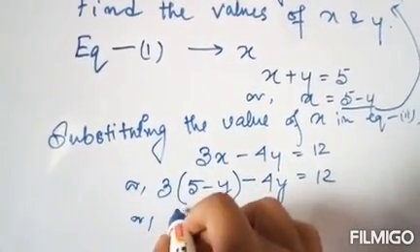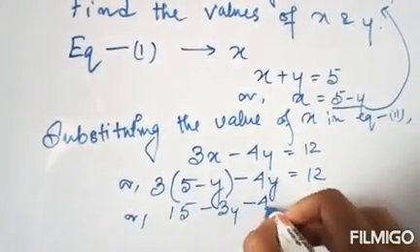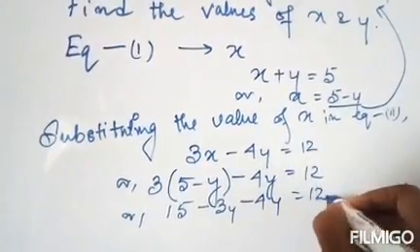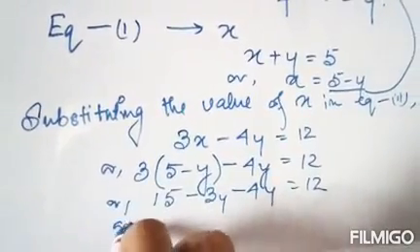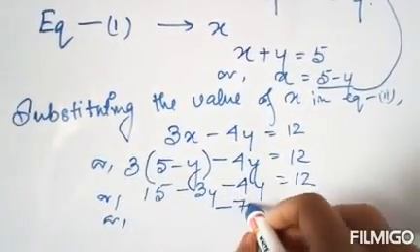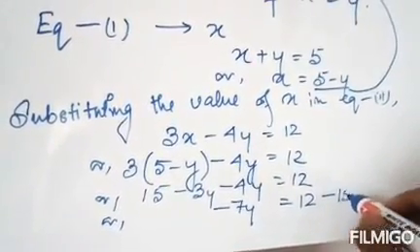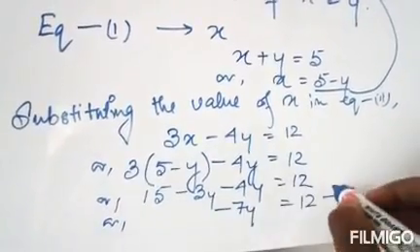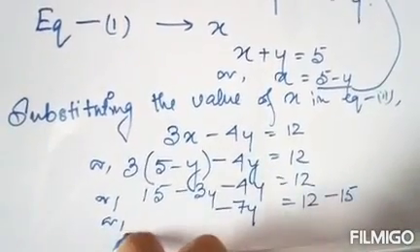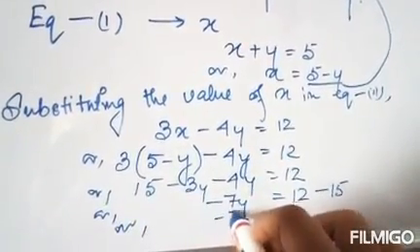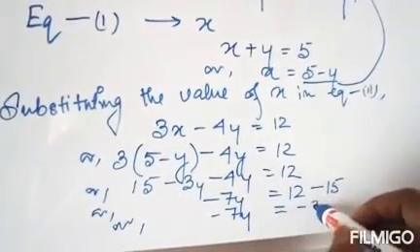So 15 minus 3y minus 4y is equal to 12. So it will be minus 7y is equal to 12 minus 15. Why minus 15? Because this is positive, and when it goes to the other side of the equal sign, it becomes negative. So minus 7y is equal to minus 3.